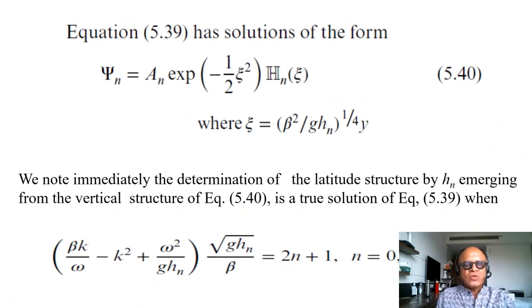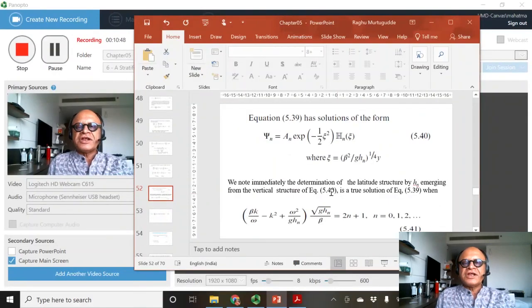Okay, so let me close this here and come to the solutions of the equation that we are seeking by linearizing and then separating into vertical and meridional structures, and see how the two are coupled. That's a more realistic situation, even though we are still dealing with a very simplified background state of hydrostatic balance, stationary flow.